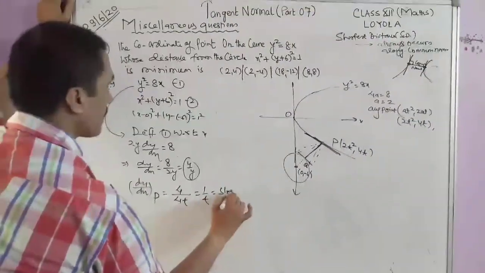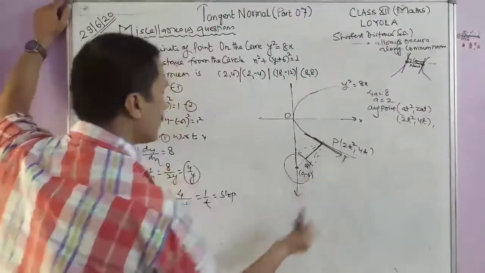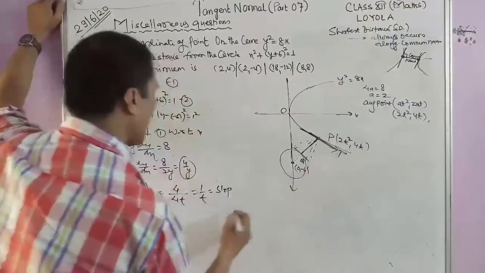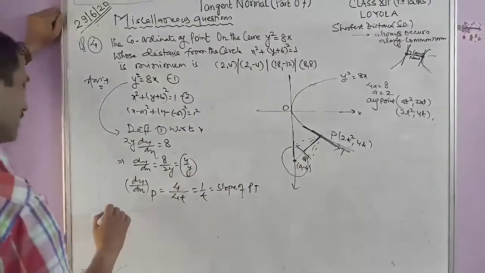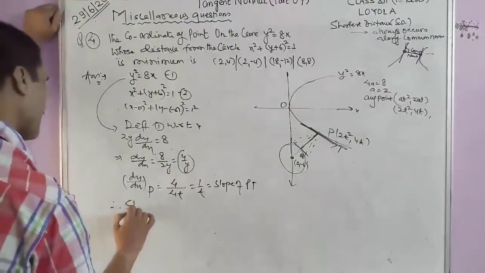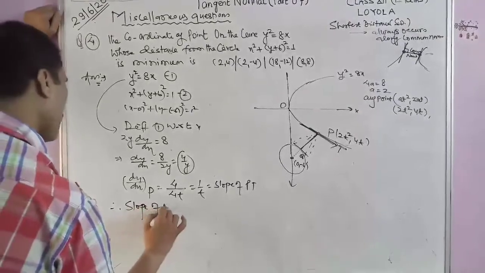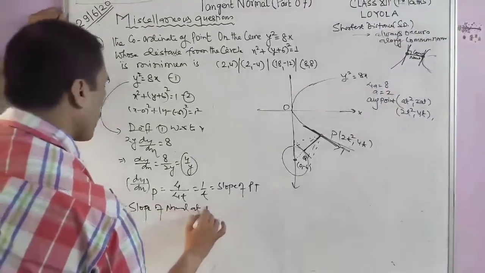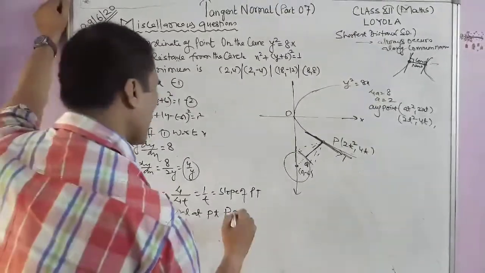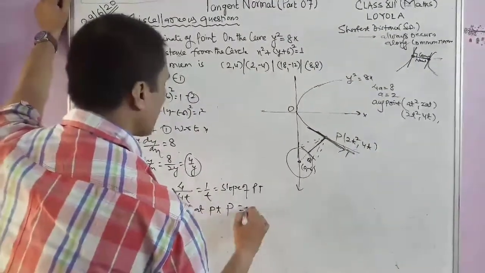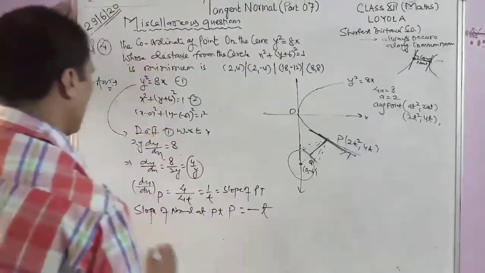This is the slope of the tangent, slope of PT. Therefore the slope of the normal at point P equals its negative reciprocal, minus t.